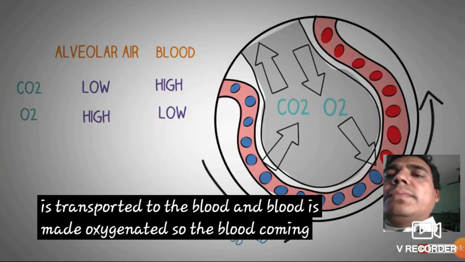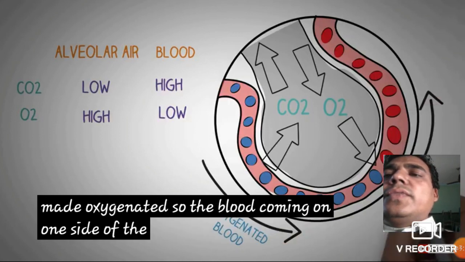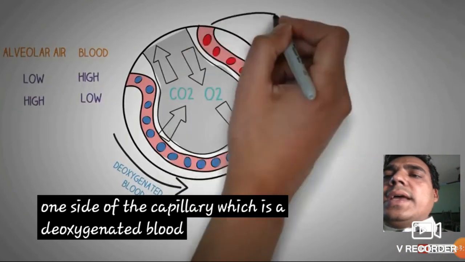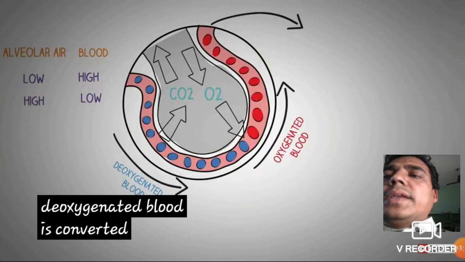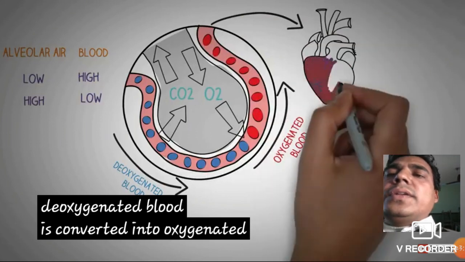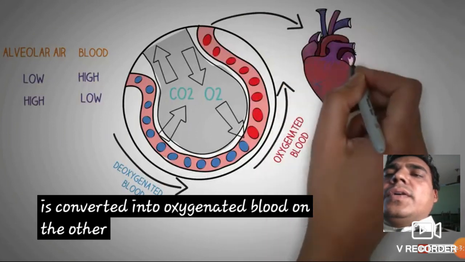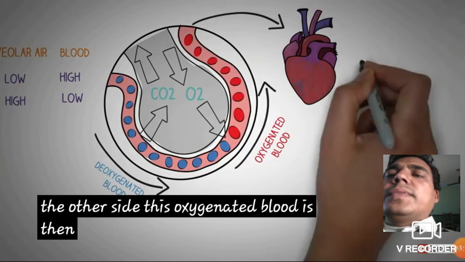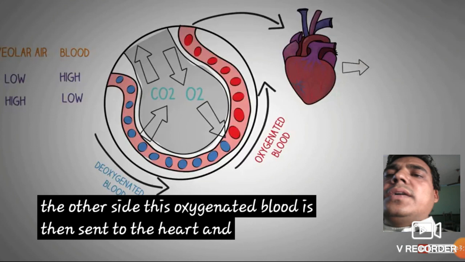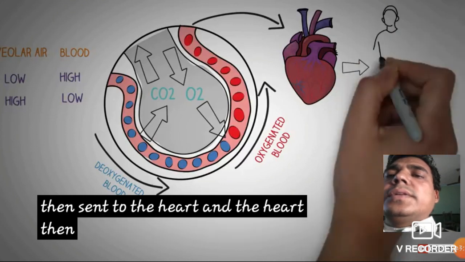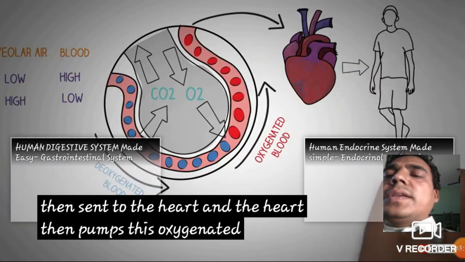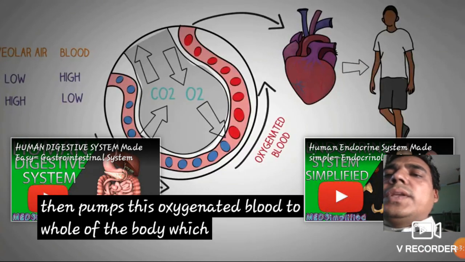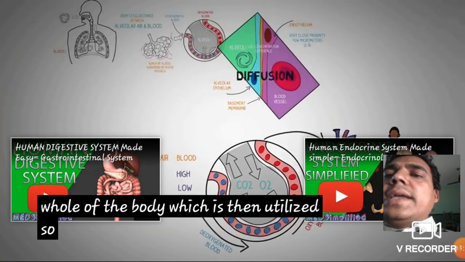So the blood coming on one side of the capillary, which is deoxygenated, is converted into oxygenated blood. On the other side, this oxygenated blood is then sent to the heart, and the heart then pumps this oxygenated blood to the whole body, where it is utilized.